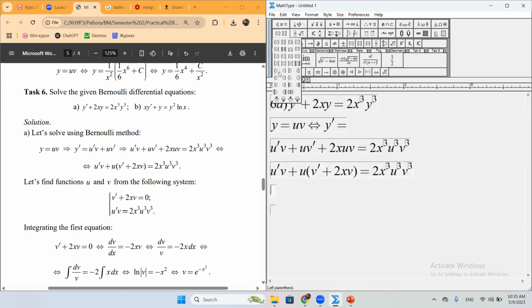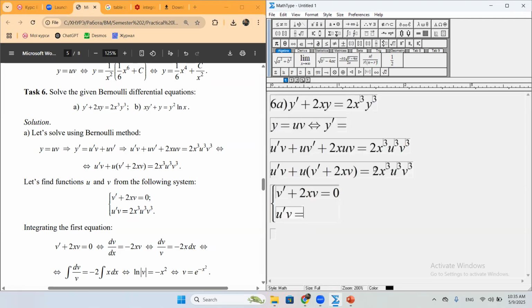Functions u and v will be found from the following system. So that is how the Bernoulli method works. We assign the expression in brackets to 0. If this expression is equal to 0, it means that u prime v equals x cube u cube v cube.